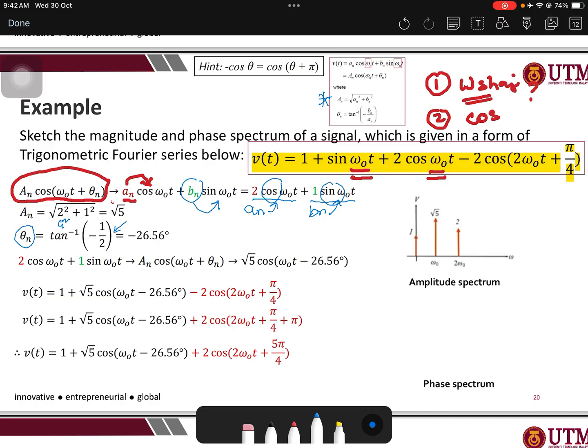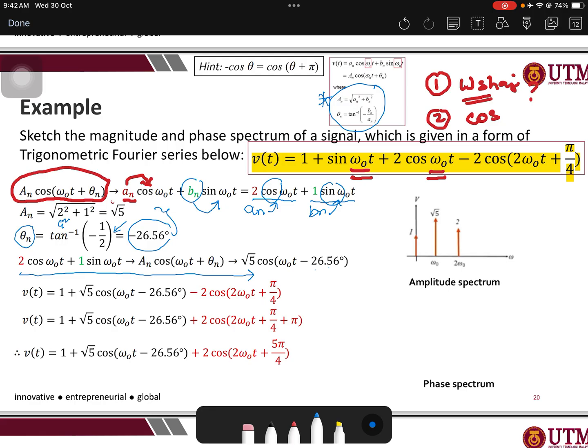Now you can calculate using this formula. From here, you get root 5 cos omega naught t minus 26.56 degrees. So you can just use the formula directly.